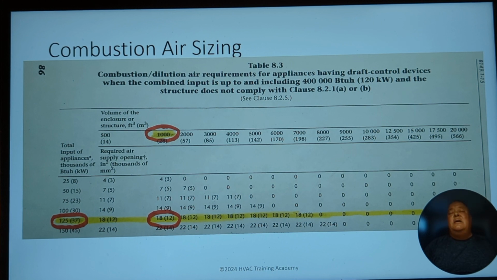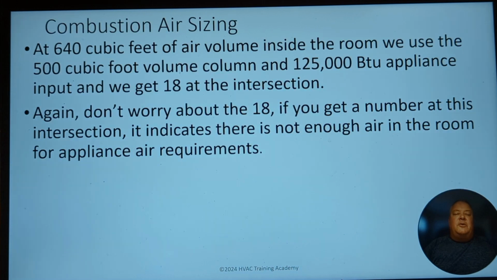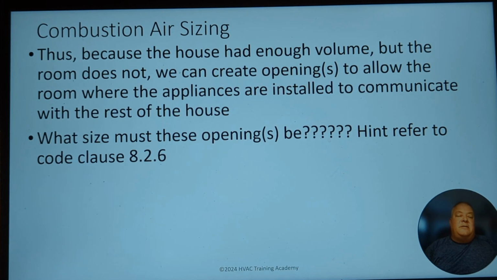If you want to go outside, you can put an 18-inch opening from the outdoors right into the area where the appliances are located, or you could, because there was enough air in the house, we could actually cut an opening between the room where the appliances are installed and the rest of the house, or what the code says, have an opening between the enclosure and the rest of the structure. There's a different rule, though, that we have to follow at that point. So we know that we don't have enough air in the room, but we do have enough air in the house itself.